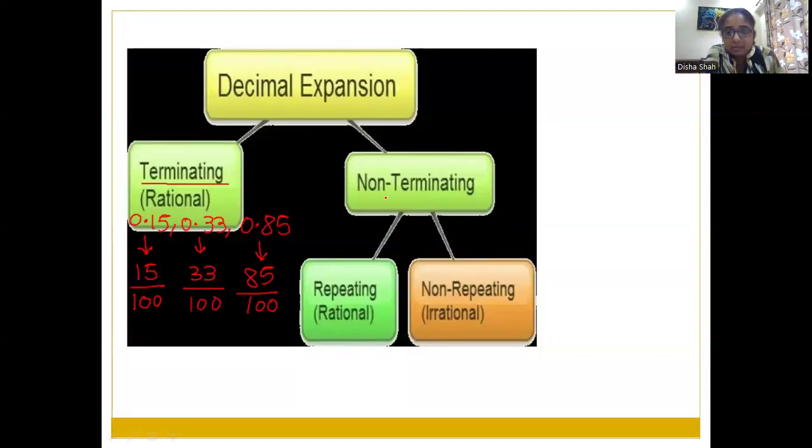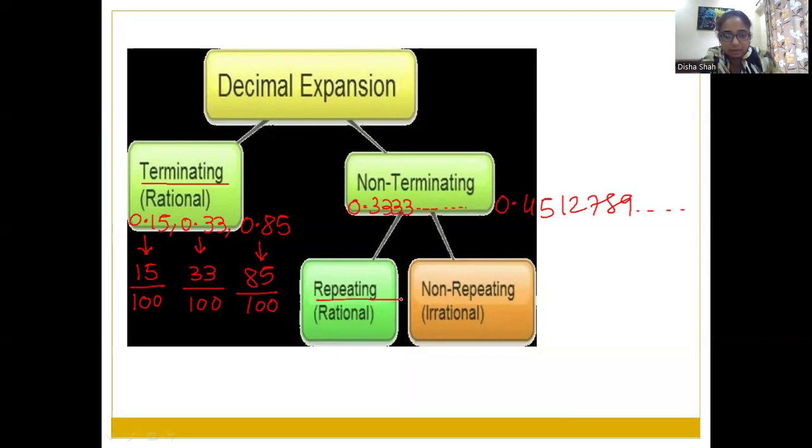Next type of decimal is non-terminating. मतलब वो decimal जो खत्म ही नहीं हो रहे. For an example, 0.3333 ऐसे ऐसे चल रहा है चल रहा है चल रहा है. 0.451278 ऐसे कुछ तो है पैटर्न. So non-terminating decimal are also of two types.